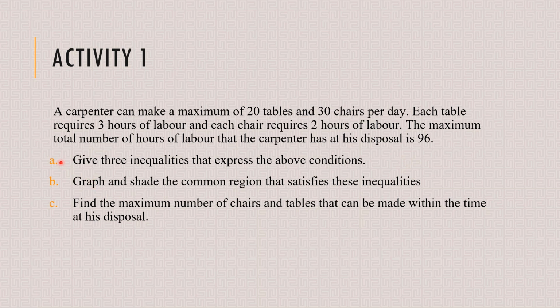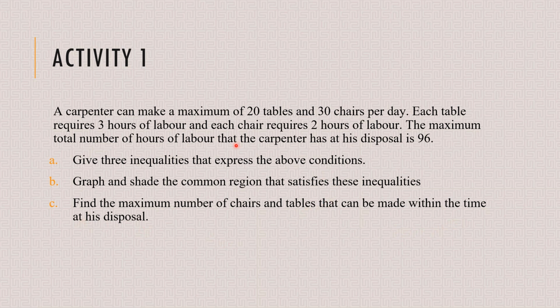First A, we should give 3 inequalities that express the above conditions. Then B, we should graph and shade the common region that satisfies these inequalities. Then C, find the maximum number of chairs and tables that can be made within the time at his disposal.